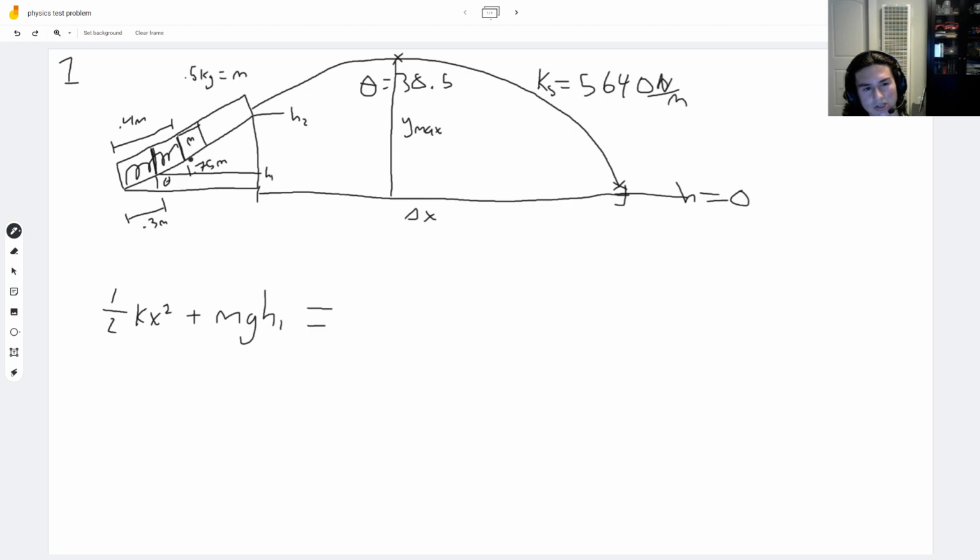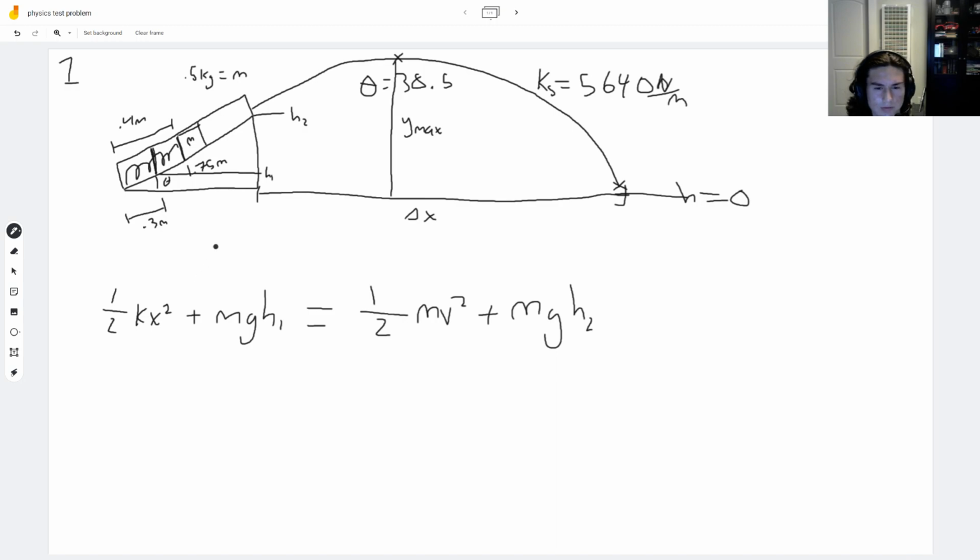There's no friction, so the only thing pulling down on the mass is gravity. At the edge of the barrel, assuming a pinpoint mass, we have no spring energy, but we will have kinetic energy, 1/2 mv squared, and more gravitational potential energy, mg height 2.